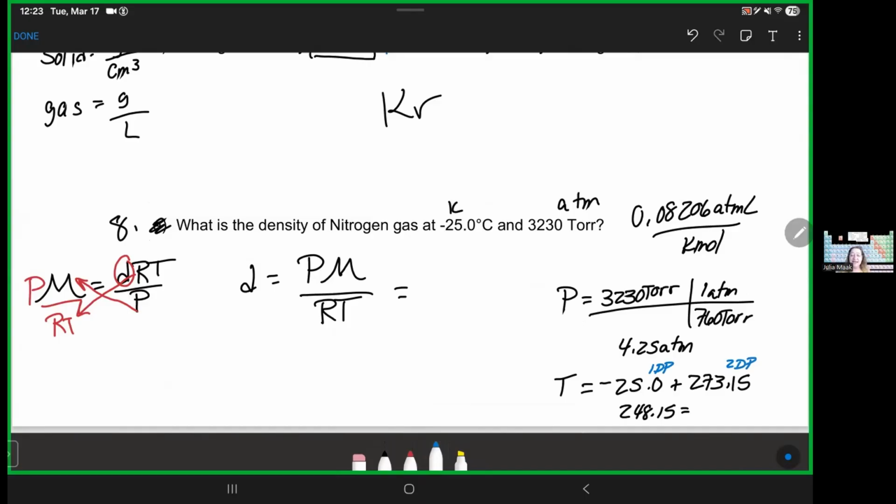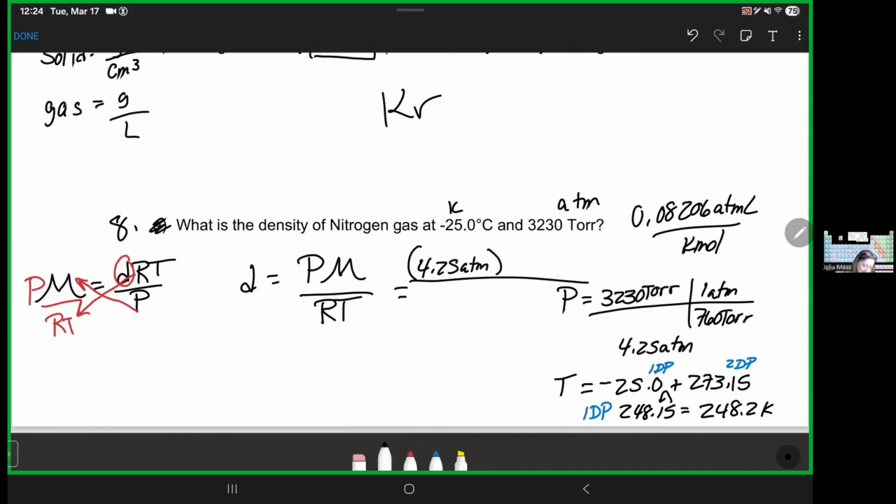That's why I'm always looking at decimal places on those temperatures. It's because with addition and subtraction, your sig figs is your least number of decimal places. So I'm going to go with 1 decimal place in my answer. So that's going to be 248.2 because the 5 rounds that up. So 248.2 K. Okay, so my pressure is 4.25 atm.